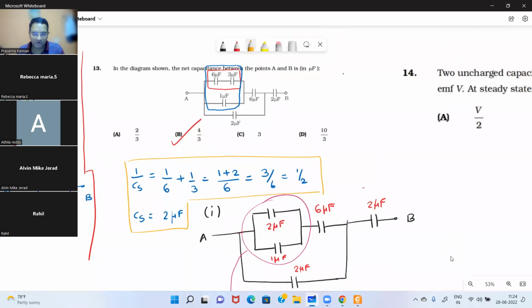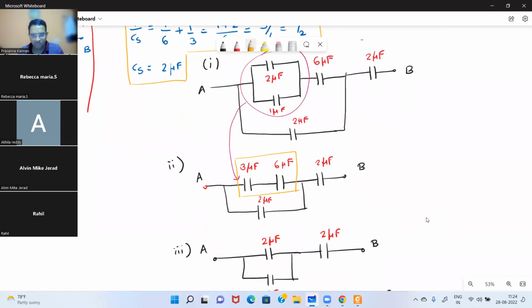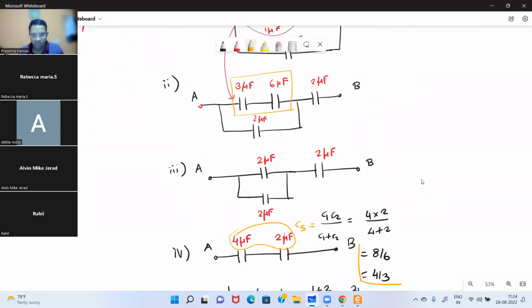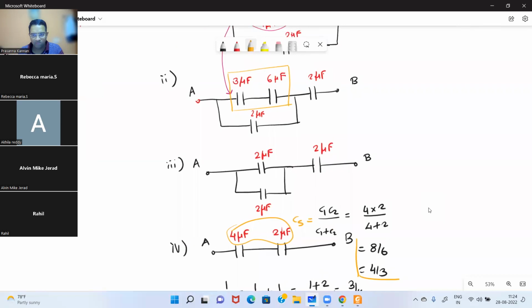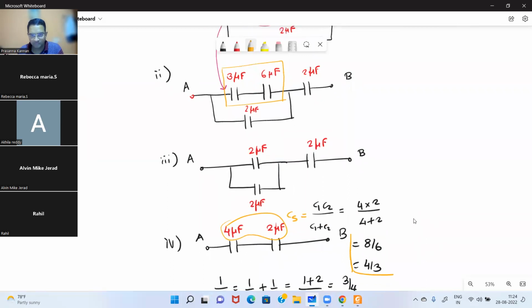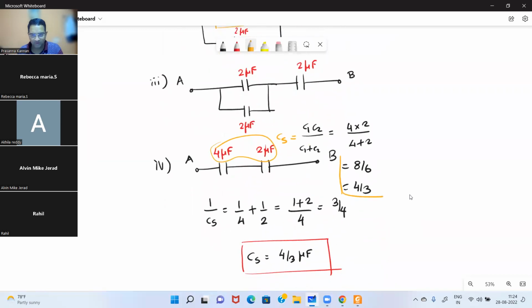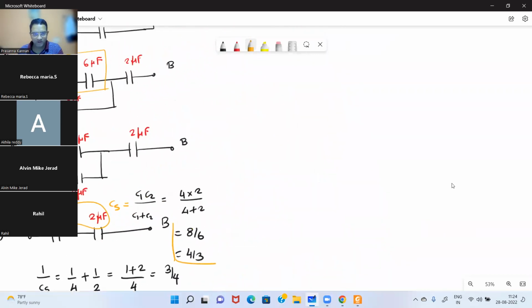You can tell me which step you are in. I will just move the page accordingly. Second step, sir. Okay. Completed, sir. You completed the whole sum? Yes, sir. Okay. Let's move on to the next one.